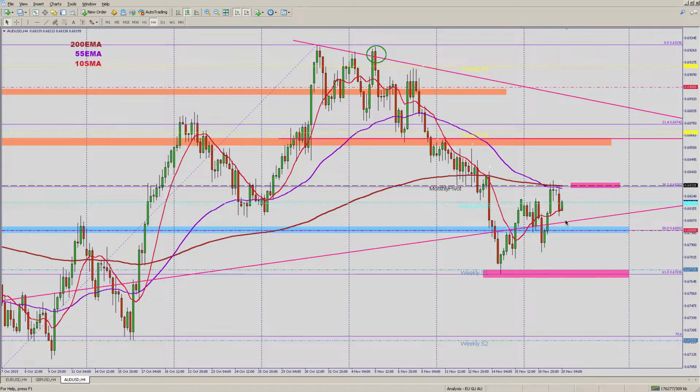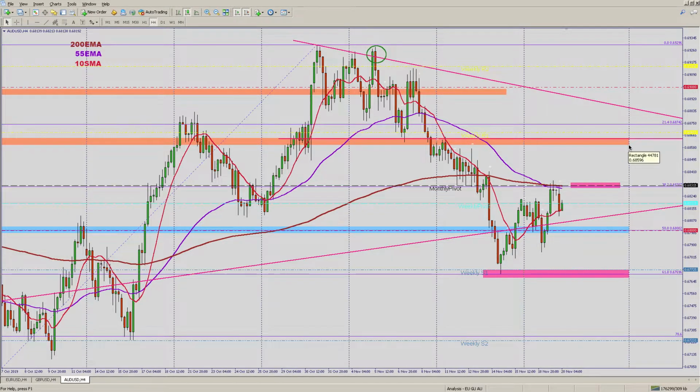So it's attempting to hold up above the lower trend line of this triangle, and if it does break out higher, then that will open up a move back up to retest the 0.6860 to 65 zone.